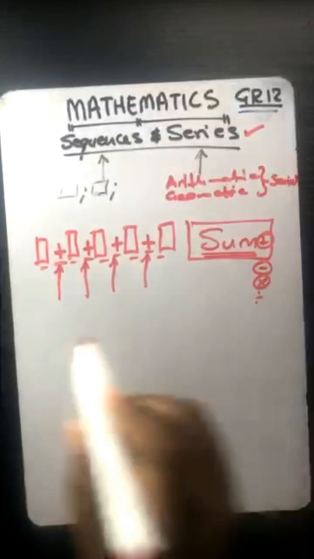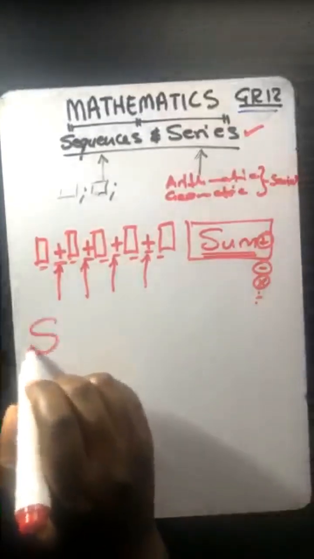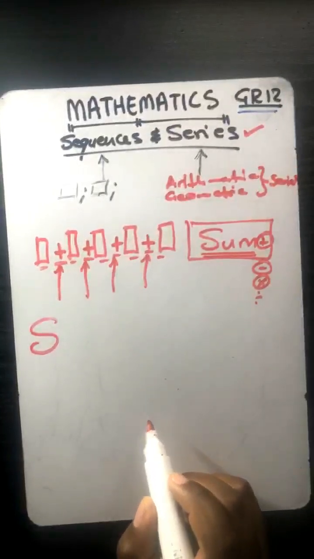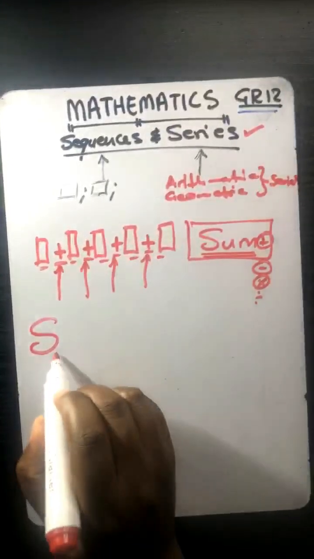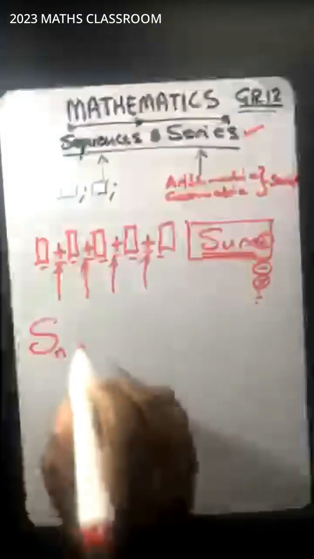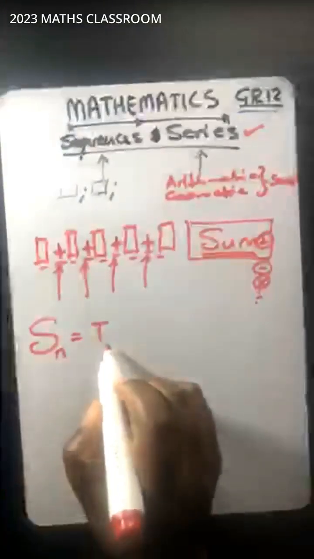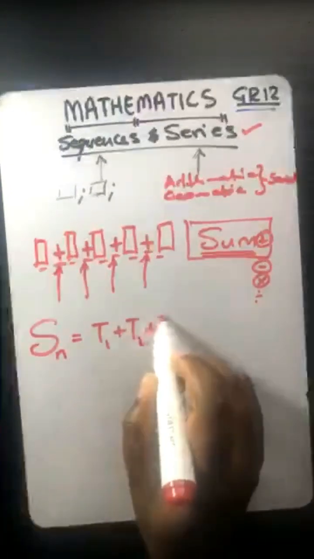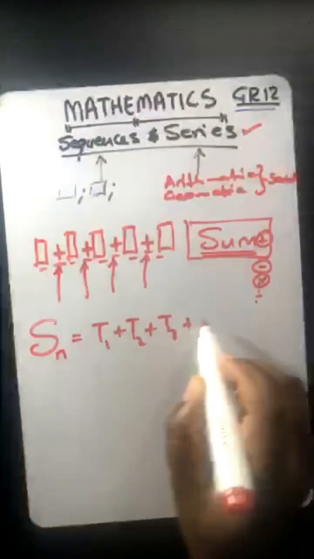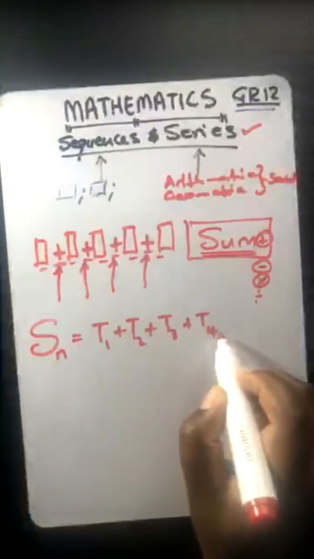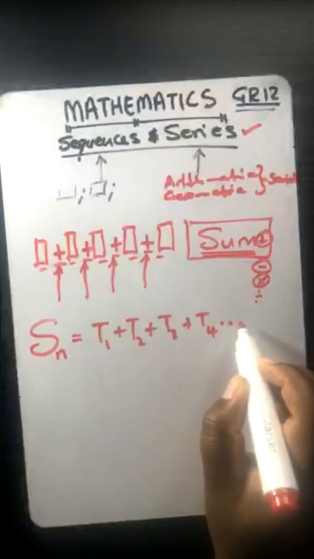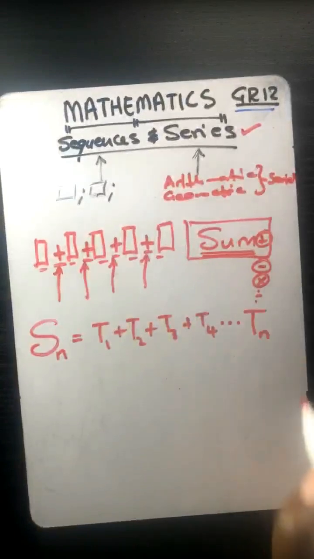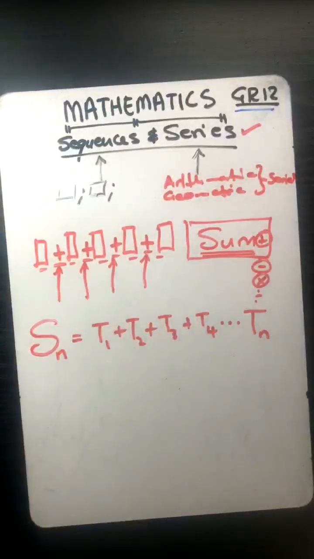The formula will look like S for the sum: the sum of the terms equals term number 1 plus term number 2 plus term number 3 plus term number 4, and if there are many terms, you add until whatever last term you have.